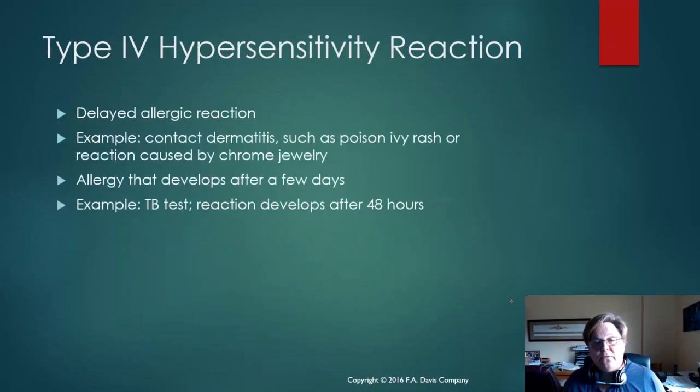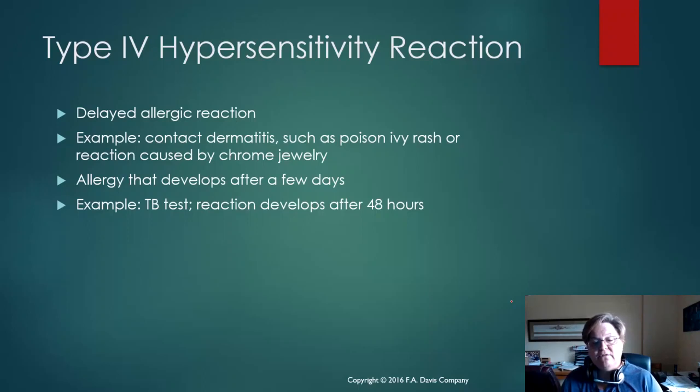So type 4 hypersensitivity reactions, as I mentioned on our first slide, are delayed. They happen over time or as a result of something that you've been exposed to repeatedly. A lot of times it happens with things like contact dermatitis, like a poison ivy rash, or if you're wearing jewelry and you might get a rash underneath of that.